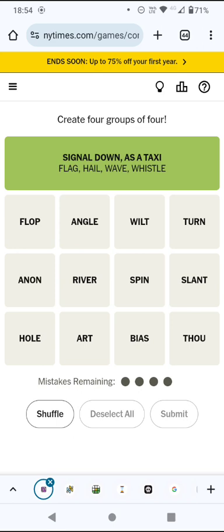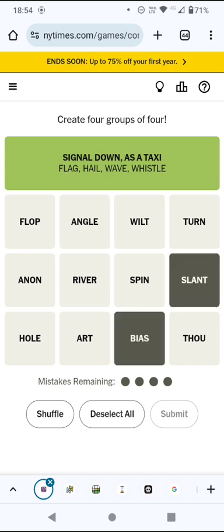Art gallery? Art Garfunkel? I mean, anon can have a C put in front of it. Angle can have try part put in front of it. Angle and art probably can have lots of things put in front of them, to be fair. But I can't see how that's going to be a group.